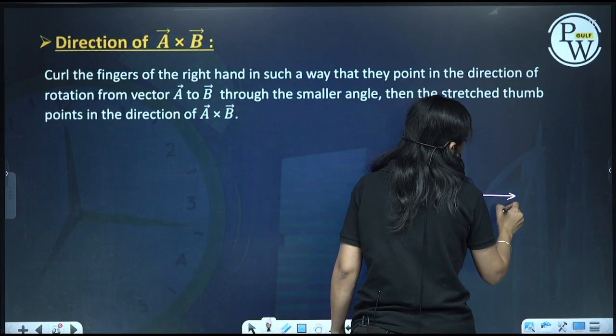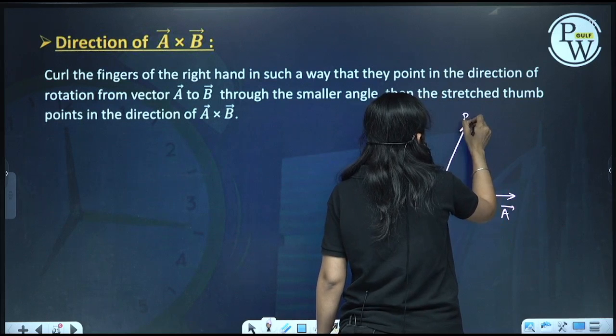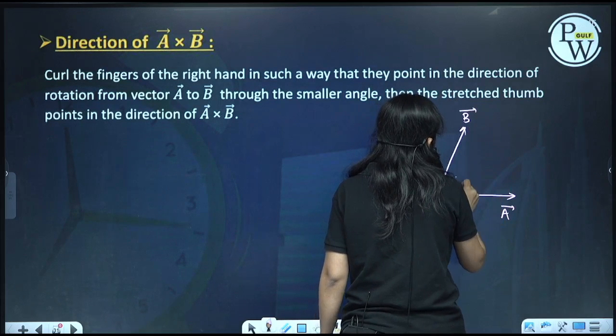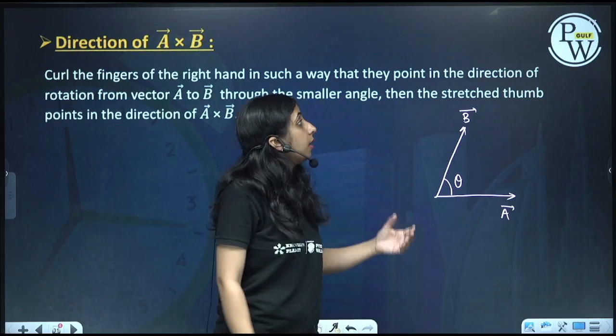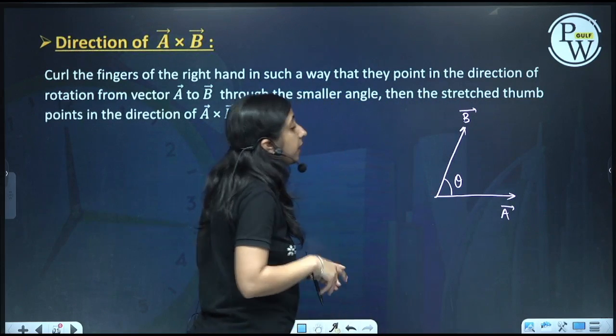Let's see how we can find the direction of n cap. This is my A vector. This is my B vector. Theta is the angle between them. Now what will A cross B be?